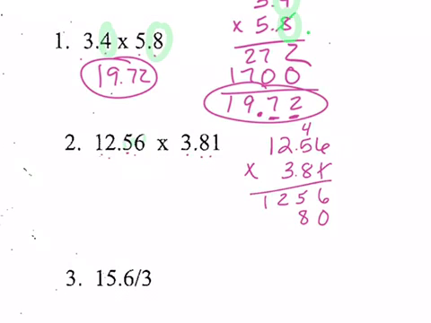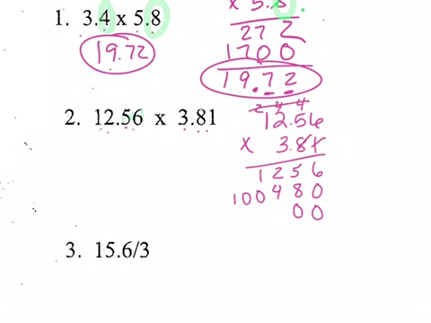So 48, 40, 44, 16, 17, 18, 19, 20. And then on your third number, you have to add 2 placeholders. Okay? So then we've got 18, 15, 16, 6, 7, and 3.